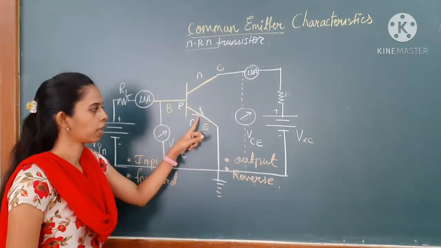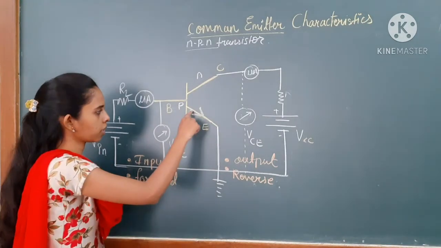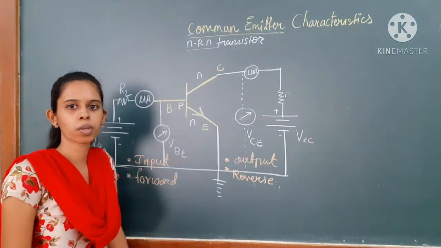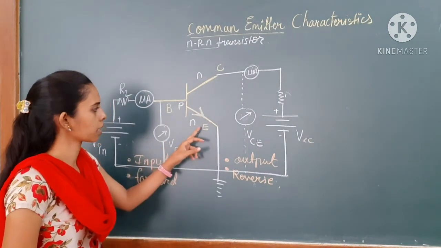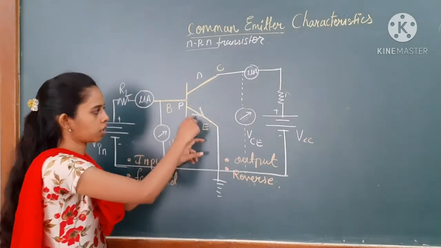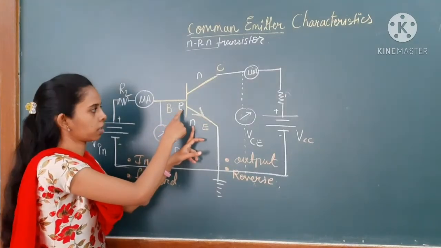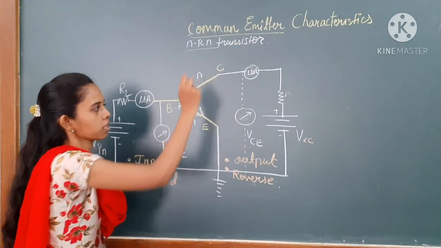This arrow tells you from where the current is going to flow. Current always flows from positive to negative, so the emitter becomes negative, as there is an outward arrow, and the base becomes positive, that is, P region, N region, and the collector is N region.